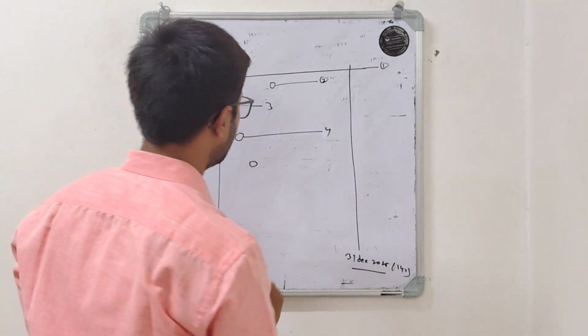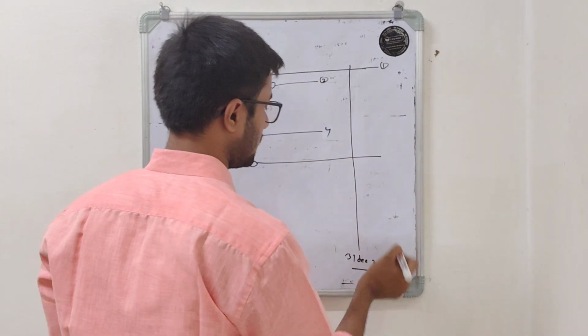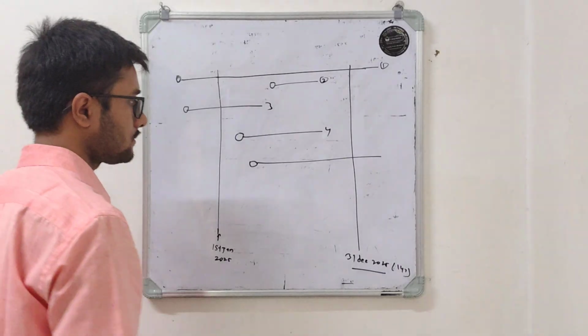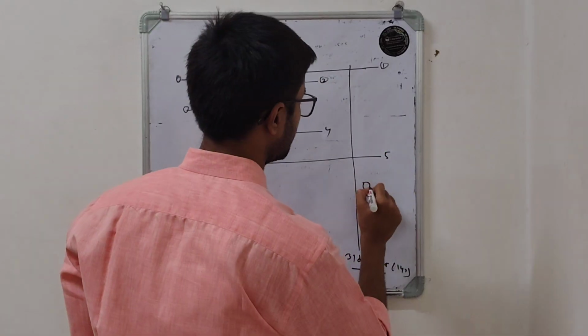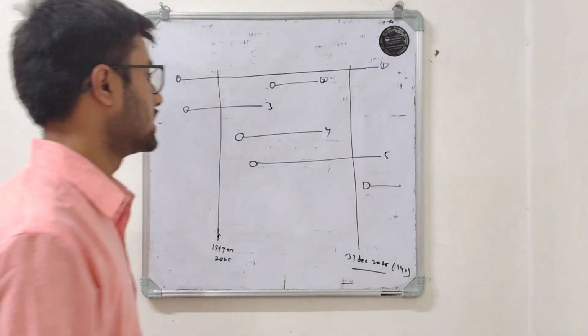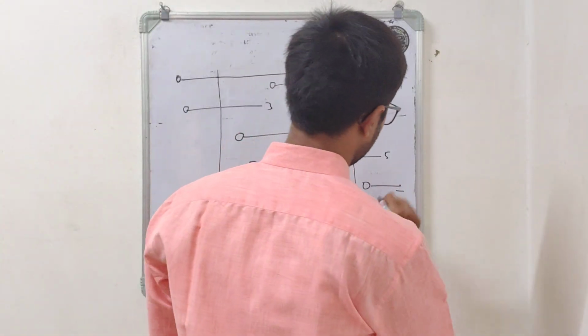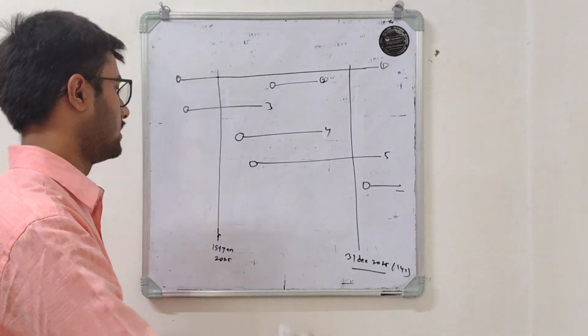Fifth person, disease starts after the 1st January and they recover after the 31st December. This is the fifth, this is the sixth person, whose disease starts after the 31st December and they recover after the 31st December.